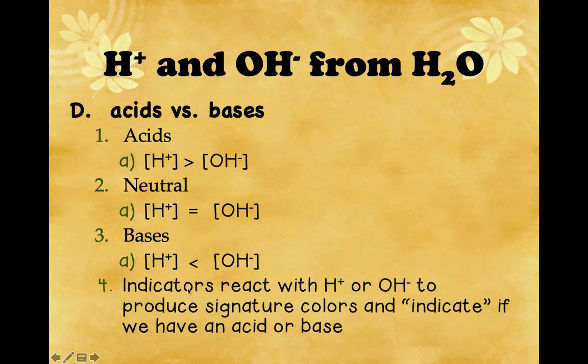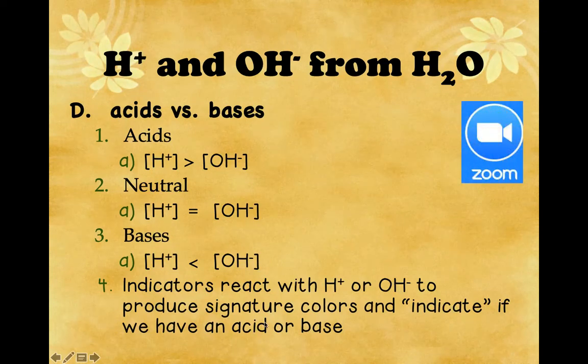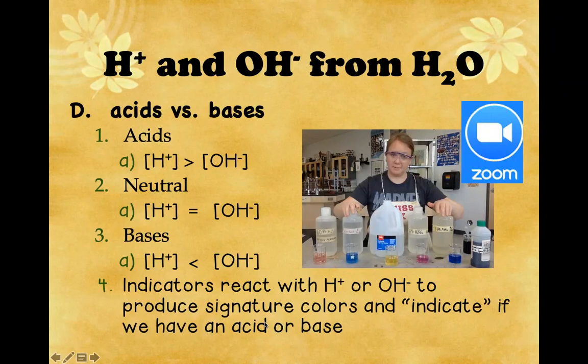And then indicators are chemicals that react with either H pluses or OH minuses. So it's a chemical reaction that changes color, and it tells us if we have an acid or a base. That was like that demo. If you're watching this video from class, you'll see that that was why we got different colors. I did a demo like this.